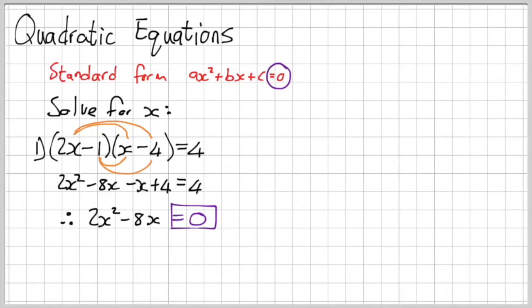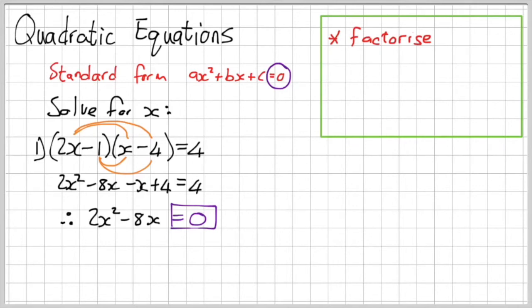Once I've got it equal to 0, I have one of 3 options that I can look at. First of all, factorize. Secondly, I can use the quadratic formula, x equal to negative b plus minus the root of b squared minus 4ac over 2a. Or I can look at completing the square.